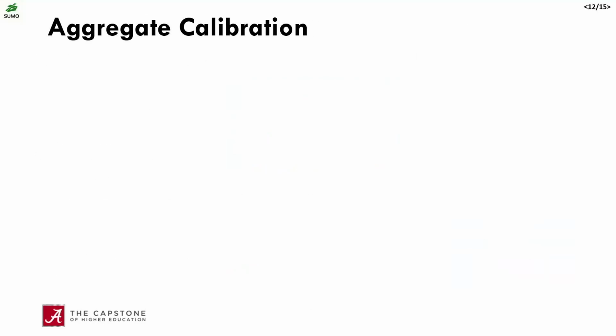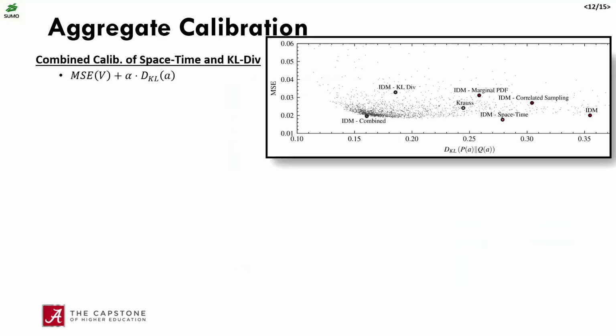Mean parameters. We investigated several different methods, but in the end converged on our optimal being the mean squared error of the velocity space-time field, and then the KL divergence of the acceleration. In the process of optimizing this metric, we observed this Pareto front, which I think was discussed yesterday.